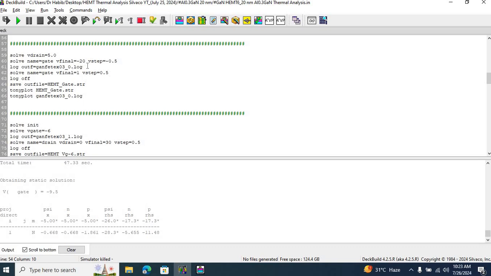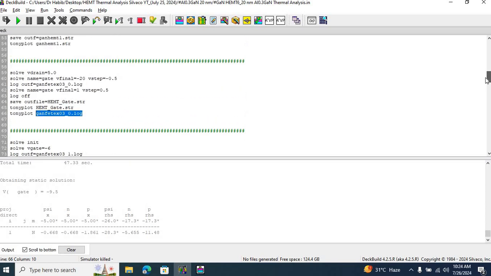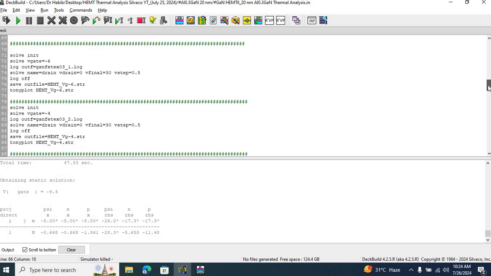So basically I'm ramping up the gate voltage from minus 20 volts to 1 volt. For that purpose I create a log file with this name, and then finally I plot the structure under this condition, and then I also plot the log file. This will give me ID versus VGS characteristics without heating.